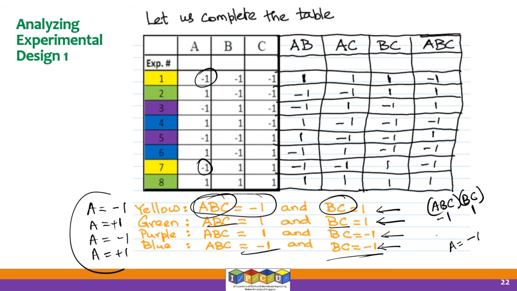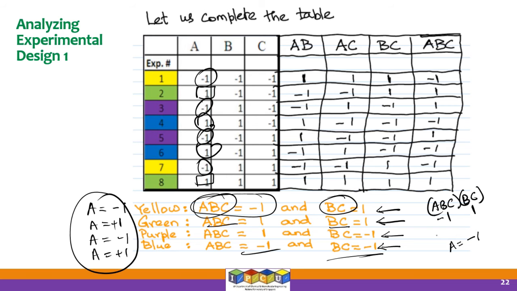So these are the assignments to yellow, green, purple and blue. As you can see, when A is equal to -1, it can either be purple or yellow. When A is equal to +1, it will be assigned to green or blue, right?